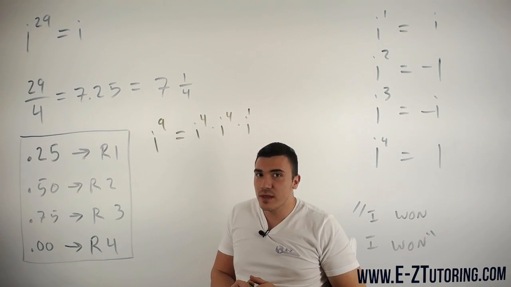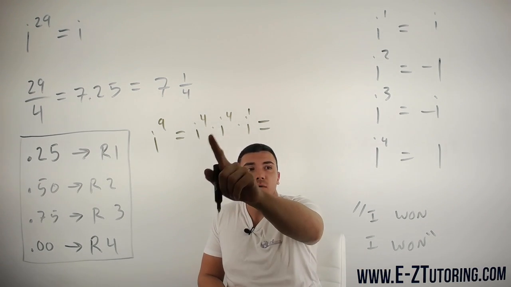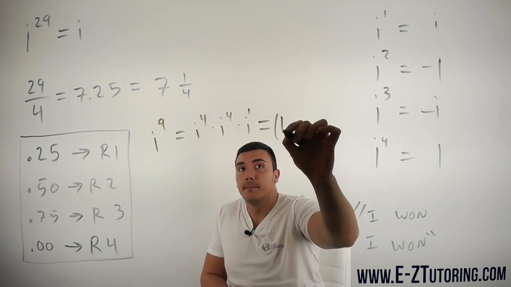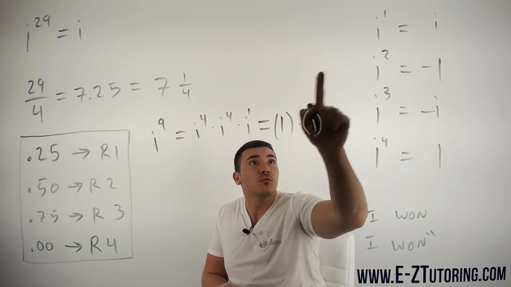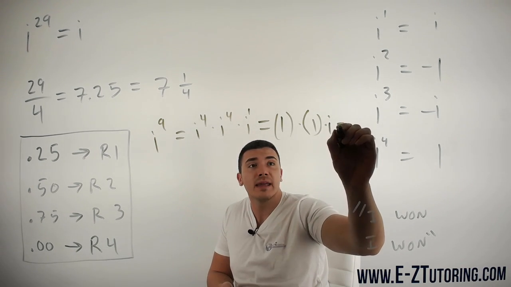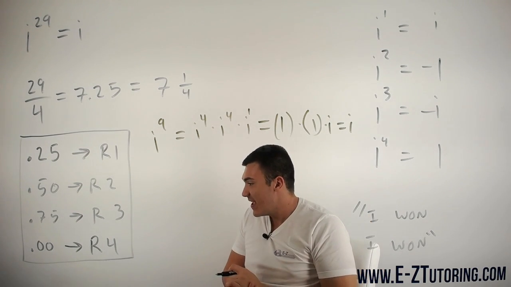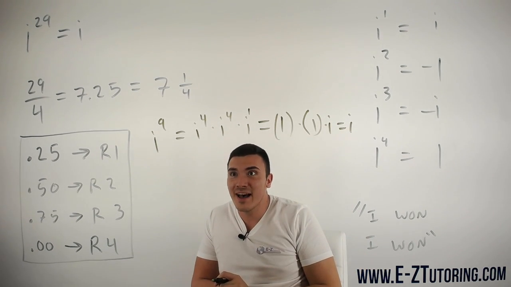I am allowed to do this. So, i to the 4, we know, is 1. i to the 4, we know, is 1. i to the 1, we know, is i. 1 times 1 times i is simply i. So just like that, we simplified i to the 9 by writing i.